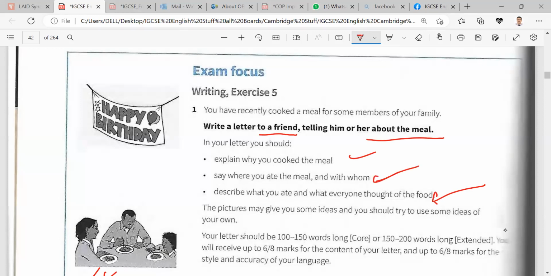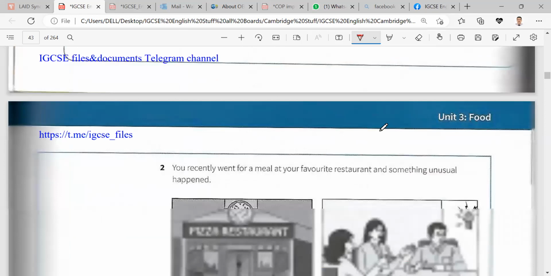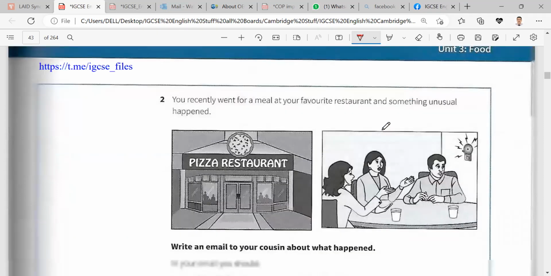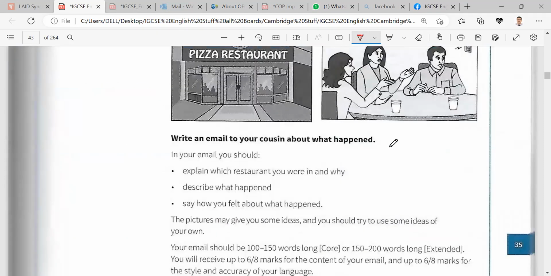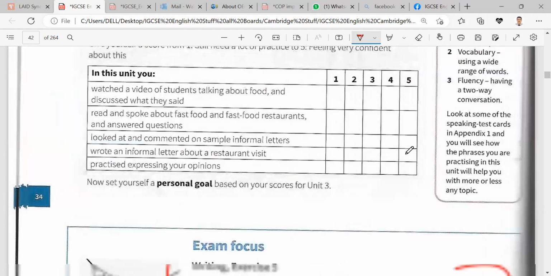I can do it as homework. Okay, Khalid? Okay. So now, inshallah, write this before we meet. Bismillah. This is another email, but let's do this later. No problem. Just one task tonight.